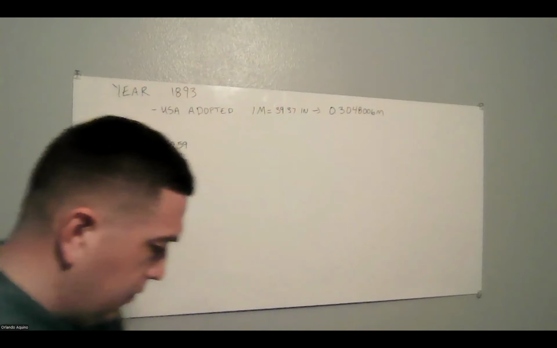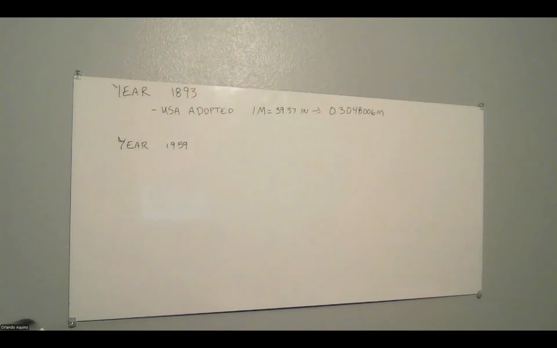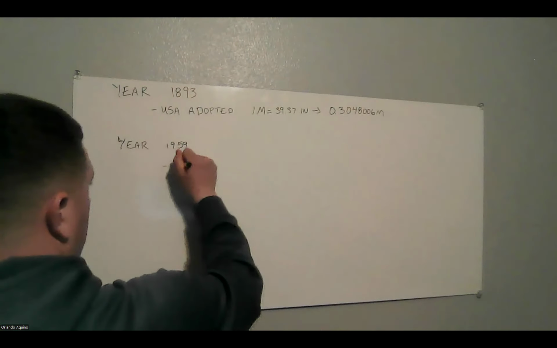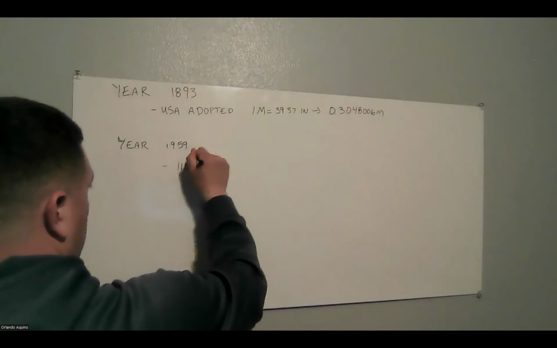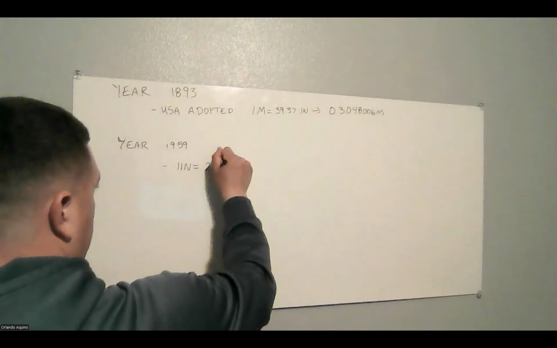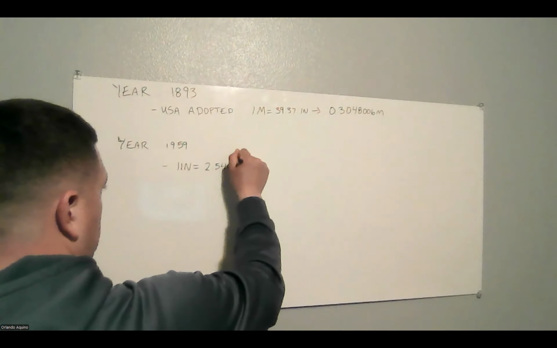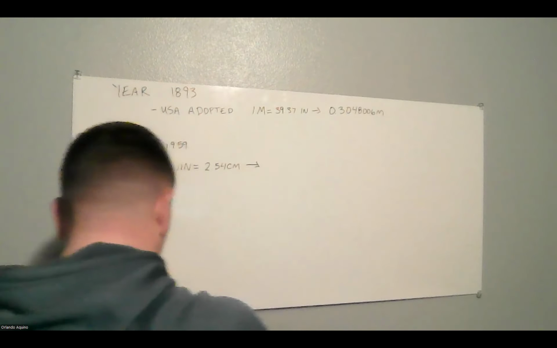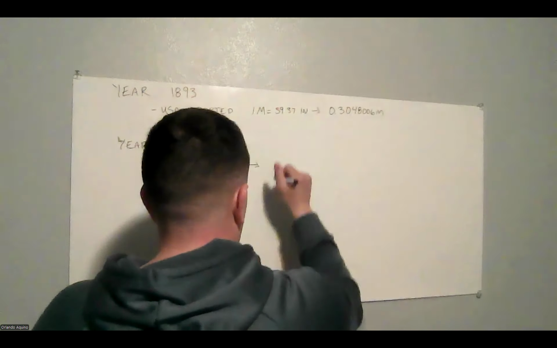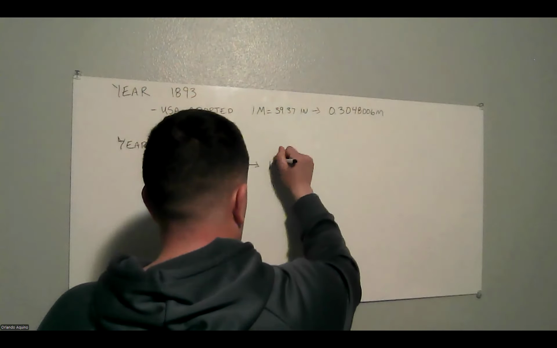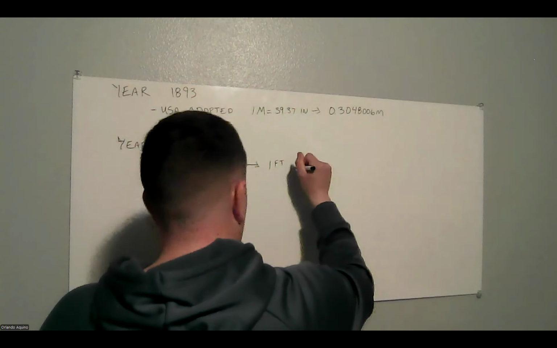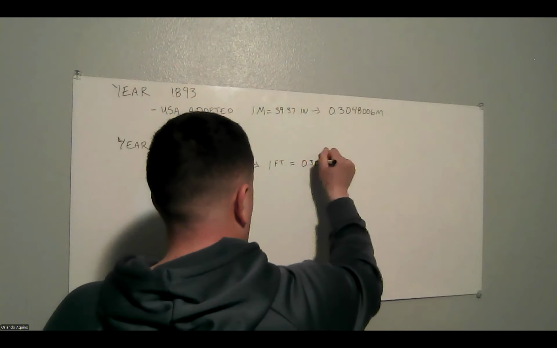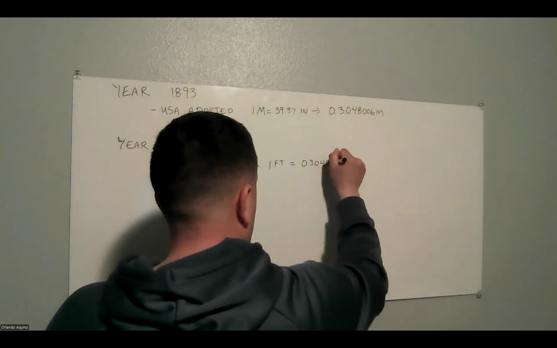All right. So we said the new standard in which 1 inch is exactly 2.54 centimeters, which now makes 1 foot equal to 0.3048 meters.